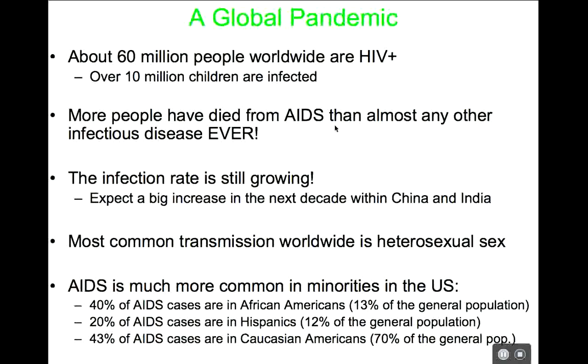And for that reason, the CDC is focusing all of the money in prevention towards those populations. They feel that if they can target African Americans and Hispanic Americans, we can drop the AIDS cases in the United States dramatically because it is overrepresented in those groups.